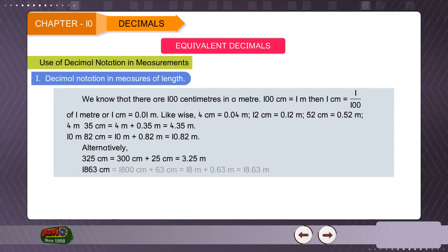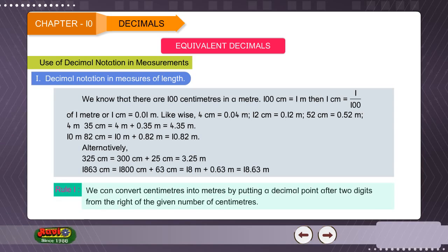1863 centimeters is equal to 1800 centimeters plus 63 centimeters, which is equal to 18 meters plus 0.63 meter, which is equal to 18.63 meters.